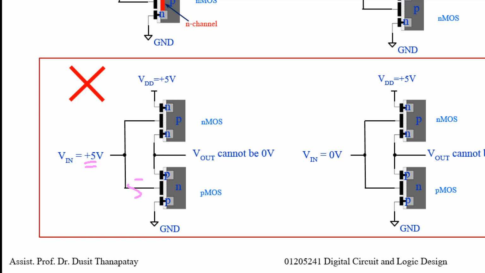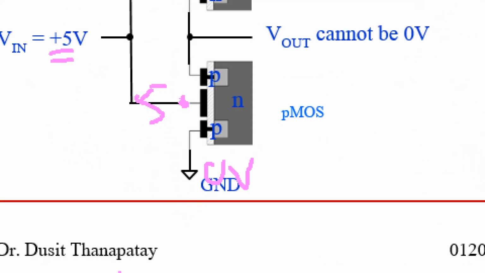It is 5 here and 0 here. Namely, the gate terminal now has higher potential than this side. So what happened? Then you will attract or pull electrons to accumulate at this area, right?